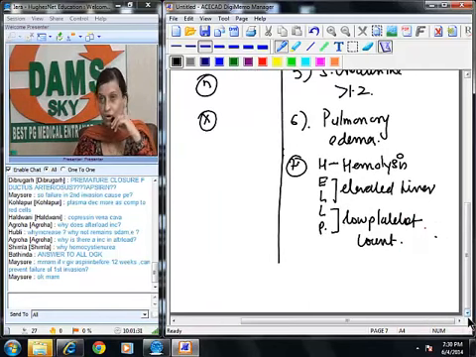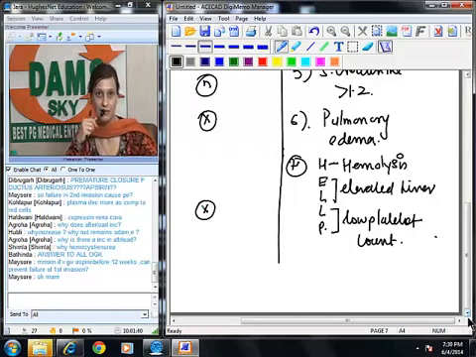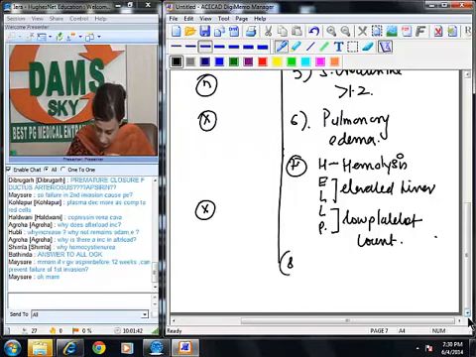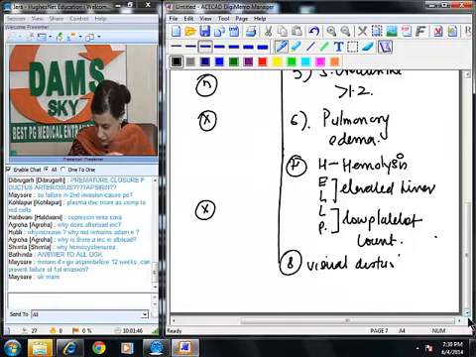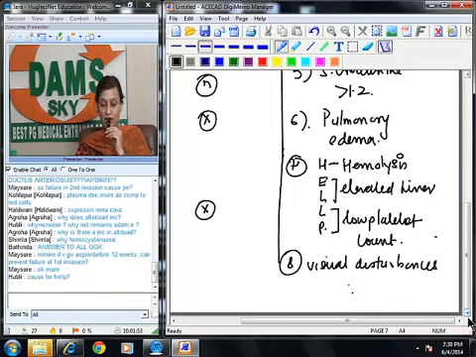This is a feature of severe preeclampsia, again not seen in mild preeclampsia. Lastly, the difference point is visual disturbance. Visual disturbances are seen only in severe preeclampsia. They are not seen in mild.